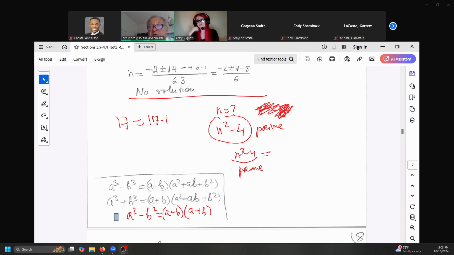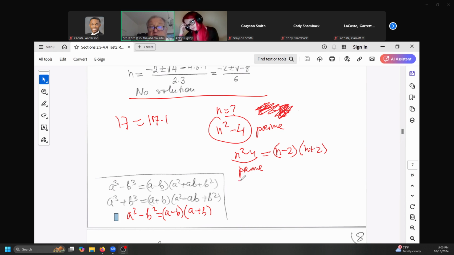But n squared minus 4 is n minus 2 times n plus 2. So this means we have a prime number written as a product of two integers.